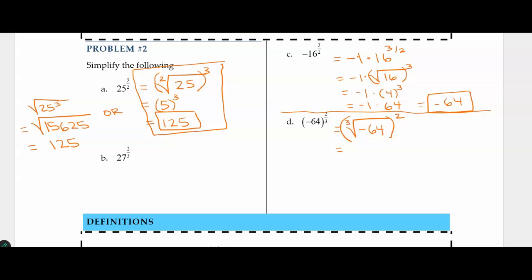So the cubed root of -64, I'm thinking what times what times what equals -64, which will be -4. And if I take -4 and I square it, -4 times -4 is +16 for the answer. So just watch those order of operations closely in order to make sure you're simplifying these correctly here.